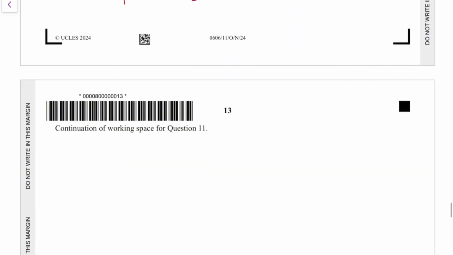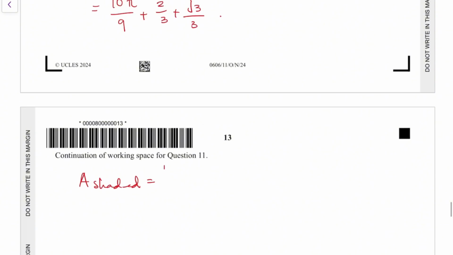I'll start here again. The area of the shaded region would be whatever answer I had earlier, which is 10 pi over 9 plus 2 over 3 plus 3 over 3, subtracted by the area of the trapezium.